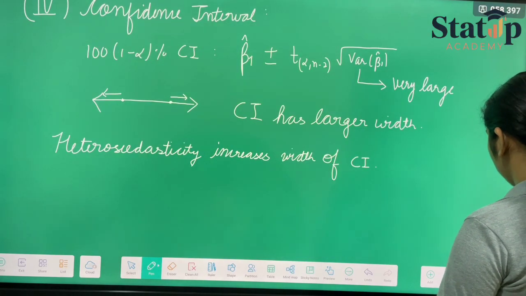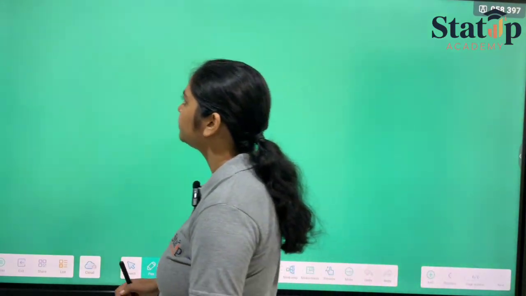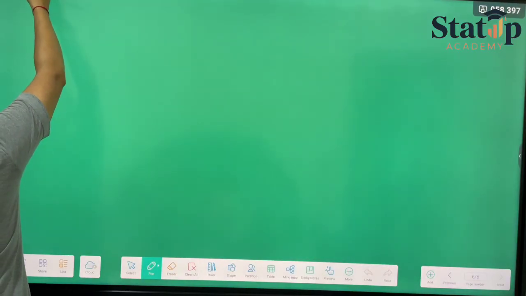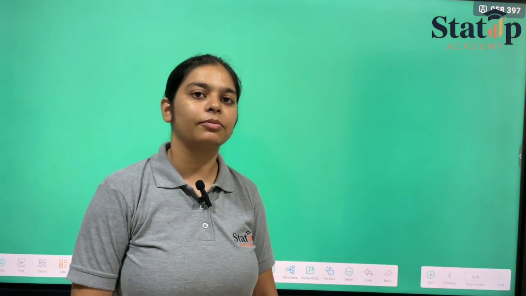Now moving on further, if our model is incorrect, then we have to apply some remedies to it so that our model becomes correct.